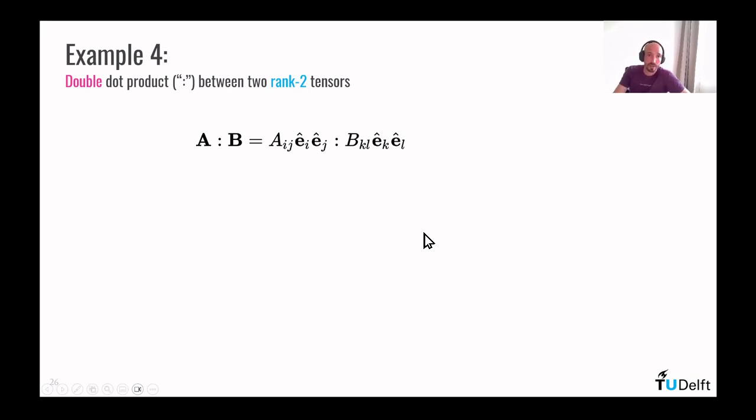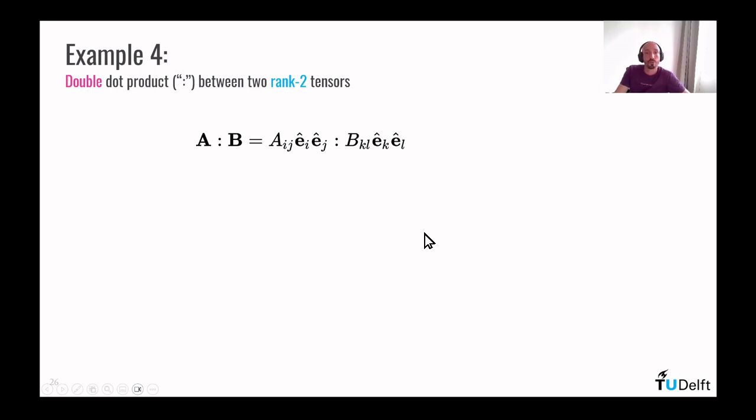Tensor A, we write A sub ij, e hat i, e hat j, double dot product, B sub kl, e hat k, e hat l. Remember, I already used the sub-indices i and j. I cannot use them here anymore. I need to choose other letters, in this case k and l.